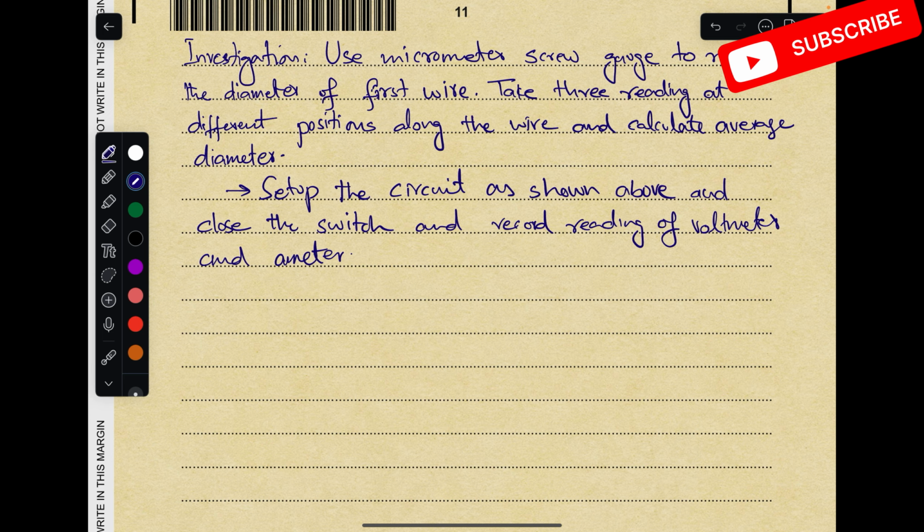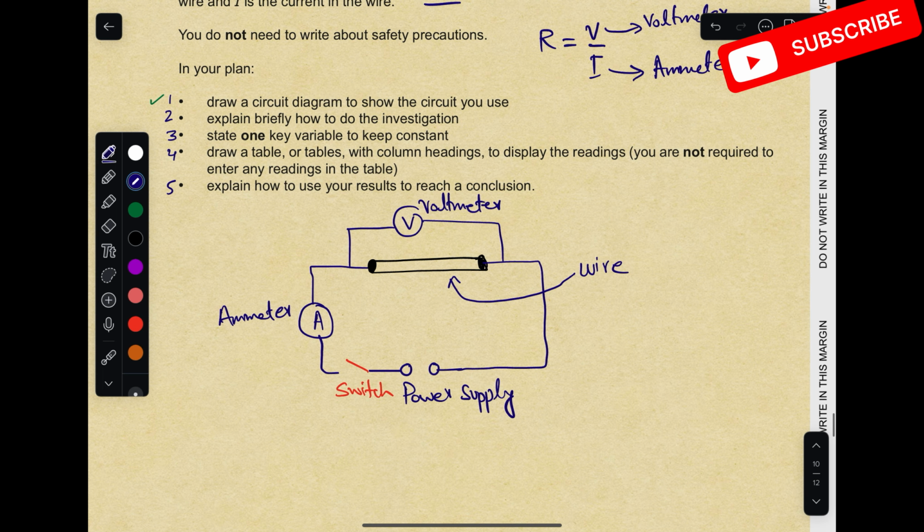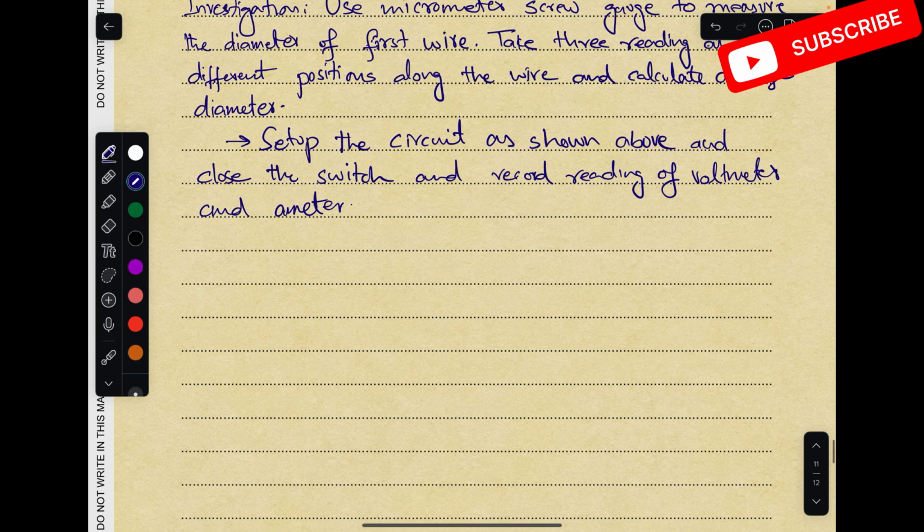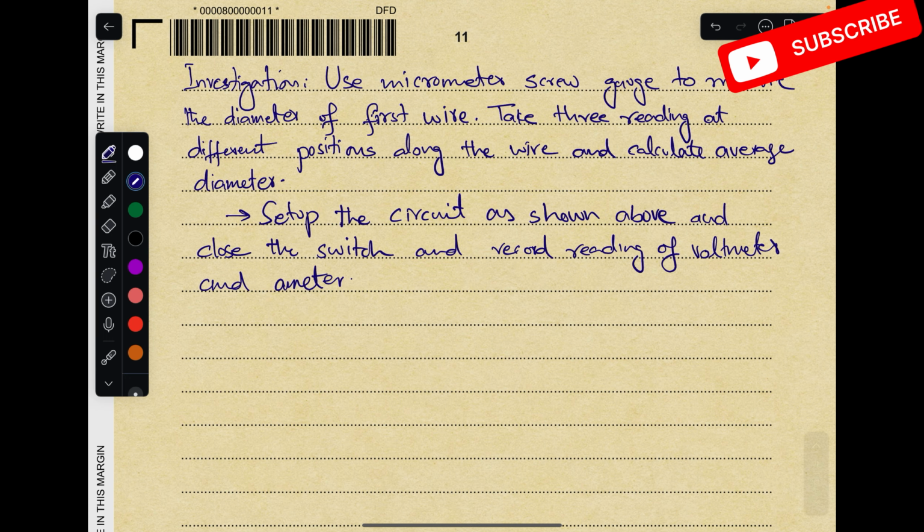Okay, now in the next step, we have covered point 2. In the third step, one key variable to keep constant. Now what you have to do is repeat this with a different wire. You don't have to write out all of the things.